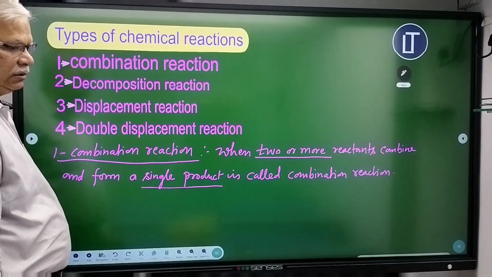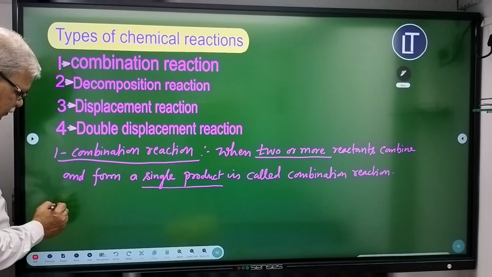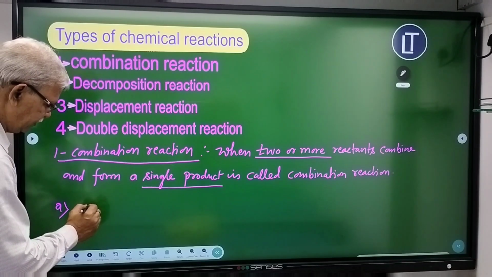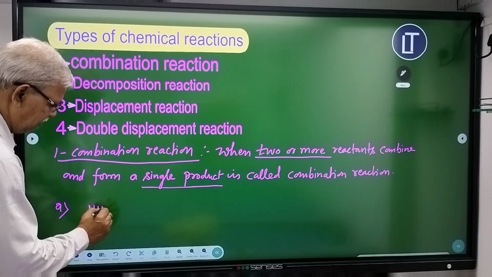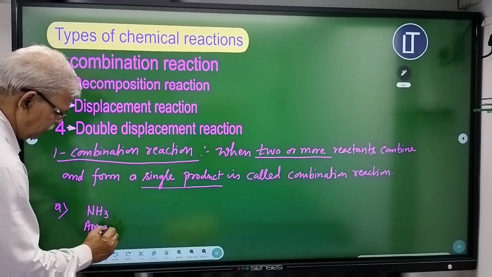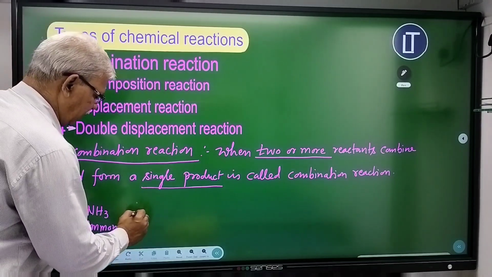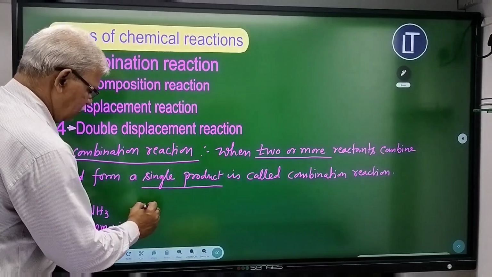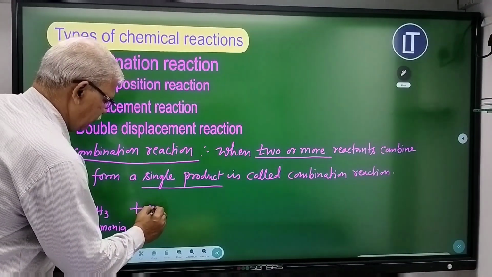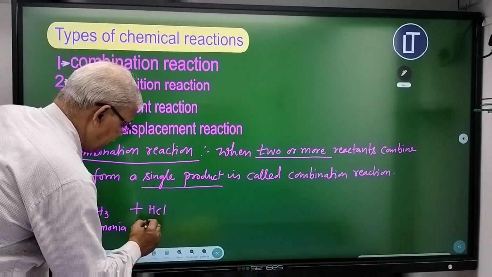For example, I am going to take one example: suppose ammonia, NH3, combined with hydrogen chloride gas.